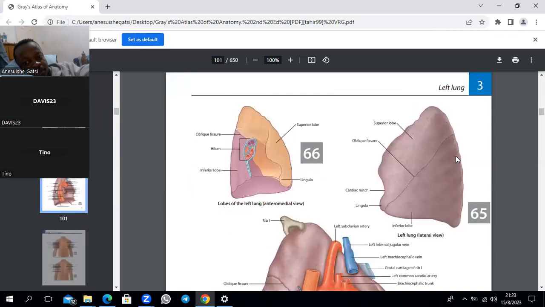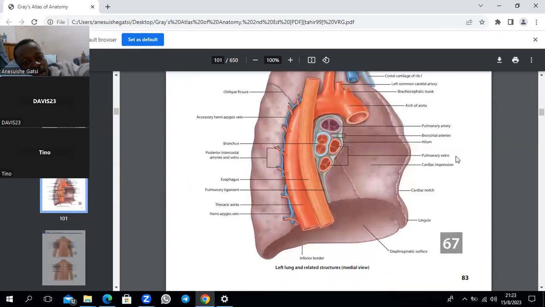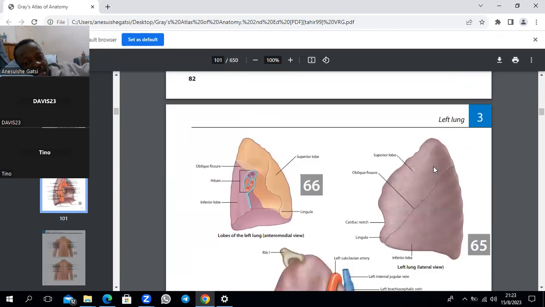So that'll be your base there. Apex is high up there. And in terms of borders, the lung has an anterior border, inferior border, posterior border, superior border.